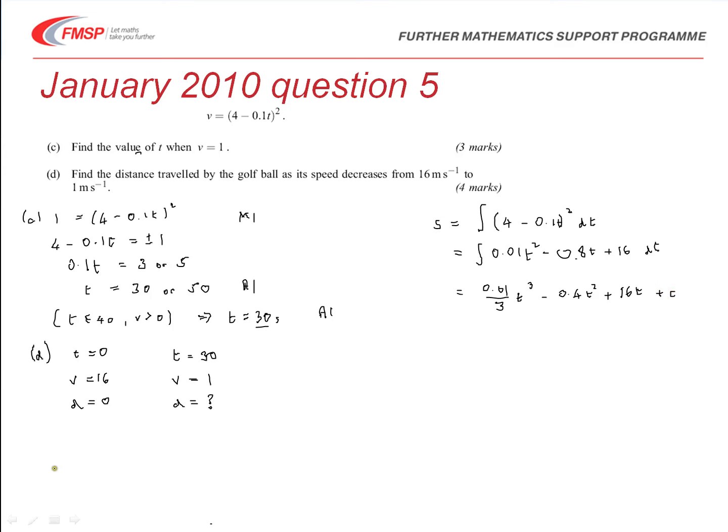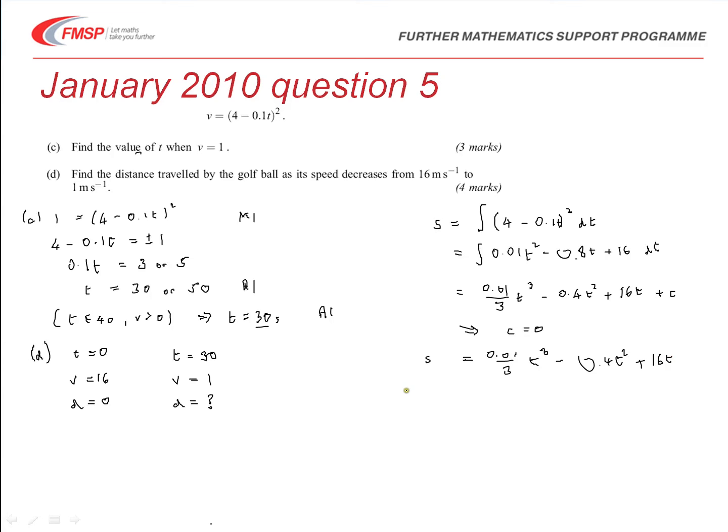Now, because of what we've written here, when t is 0, v is 16, d is 0, then that will imply that c's got to be 0. So my displacement is just going to be given by this expression plus 16t.